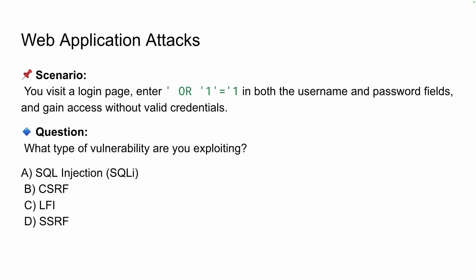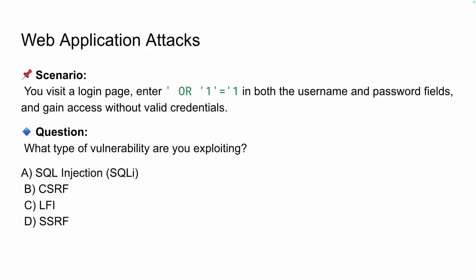So here's our first scenario now. You visit a login page and you enter apostrophe or 1 equals 1 in both the username and password fields and gain access without valid credentials. So this is an SQL vulnerability that we've exploited here.